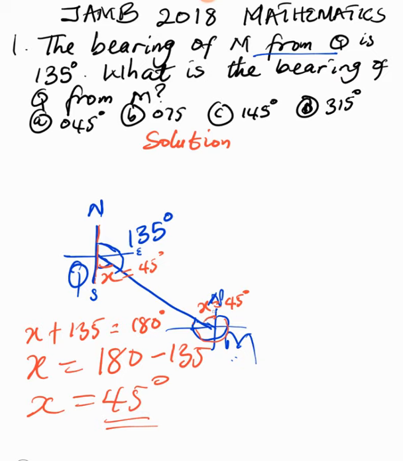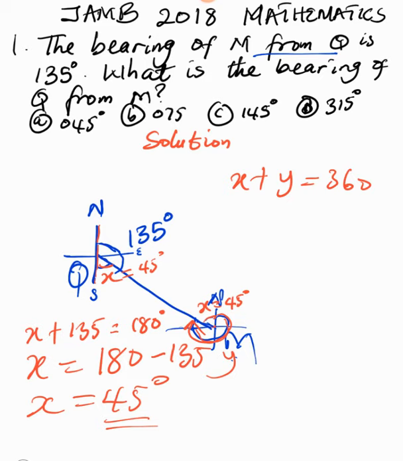And since a complete rotation is 360, the bearing, this very angle, which we can name Y, will be calculated by saying X plus Y equal to 360 because a complete rotation is 360, angle at a point, in other words.